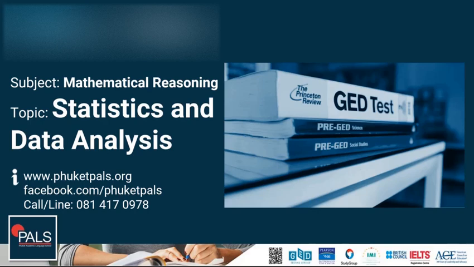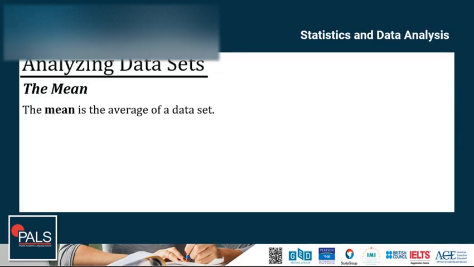Let's start with the mean. The mean is the average of a data set. It is calculated by adding all of the values in the data set and dividing by the total number of values. For example, the mean of 18, 4, 2, 9, and 6 is 7.8.